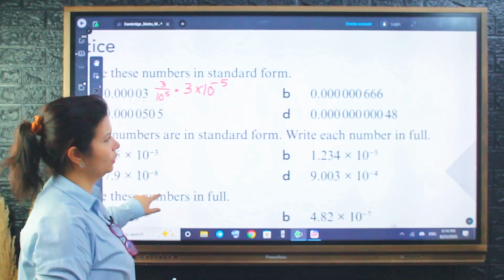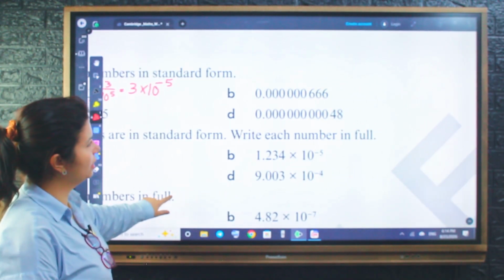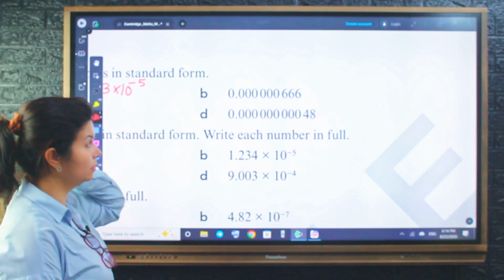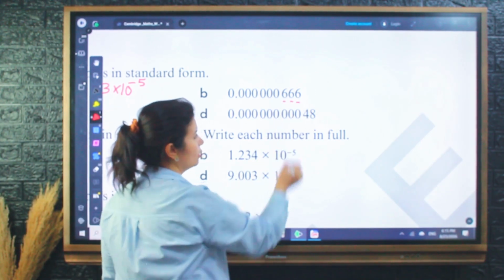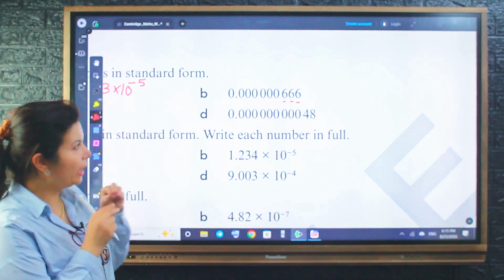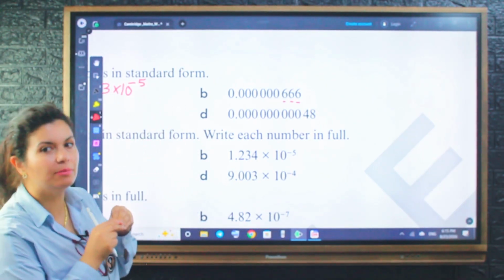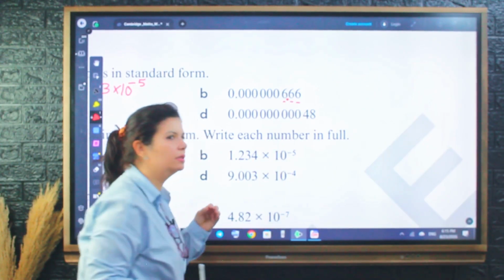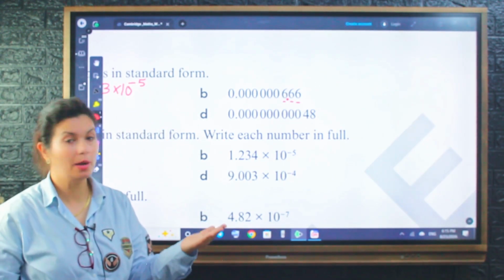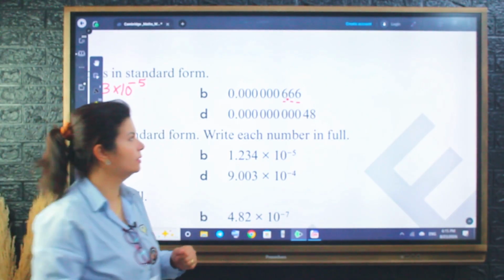Focus. Okay, look at here, letter B. Here we have 600. Okay, where can we put the decimal point? We can put the decimal point here because we need the number between 0 and 10, not 0, not 10.